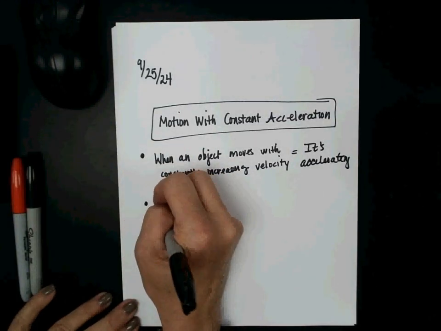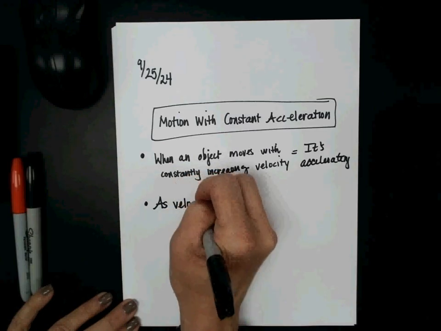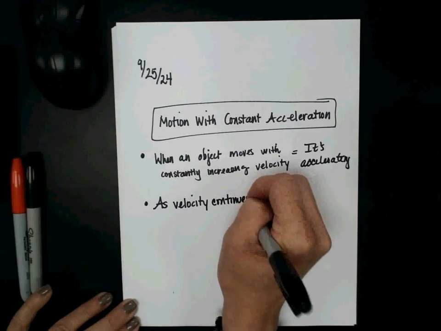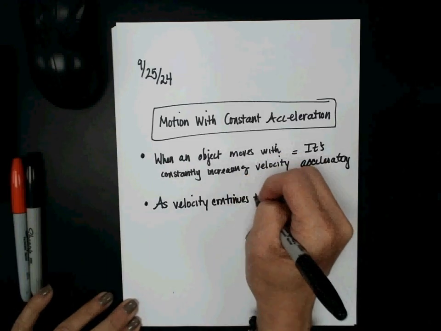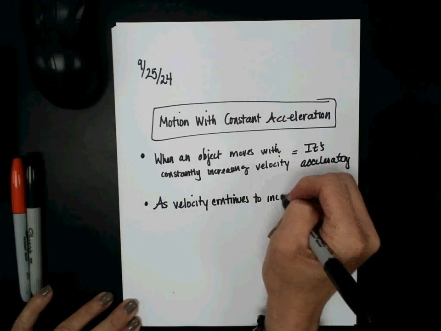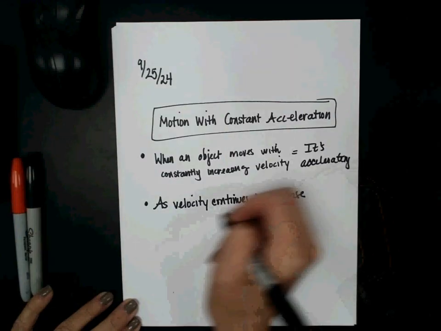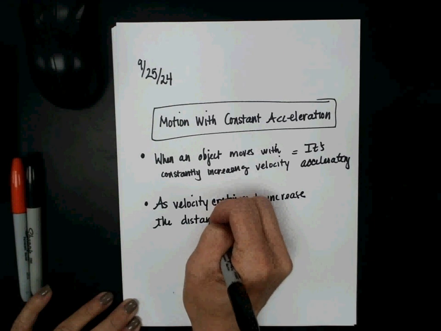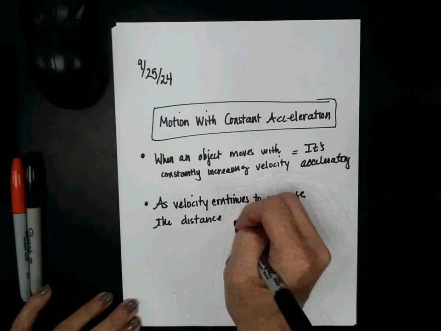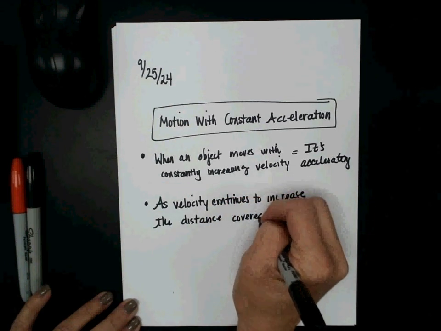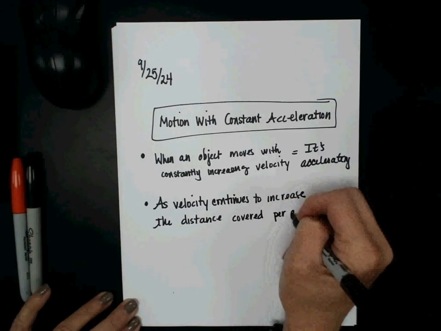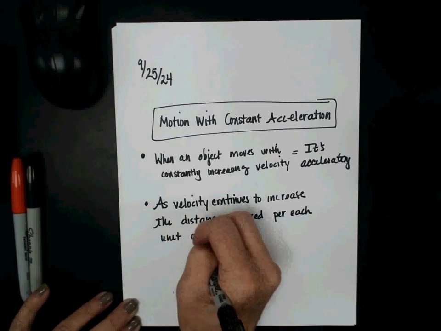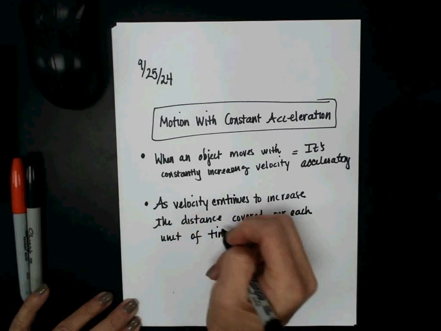As velocity continues to increase, the distance covered per each unit of time does what?